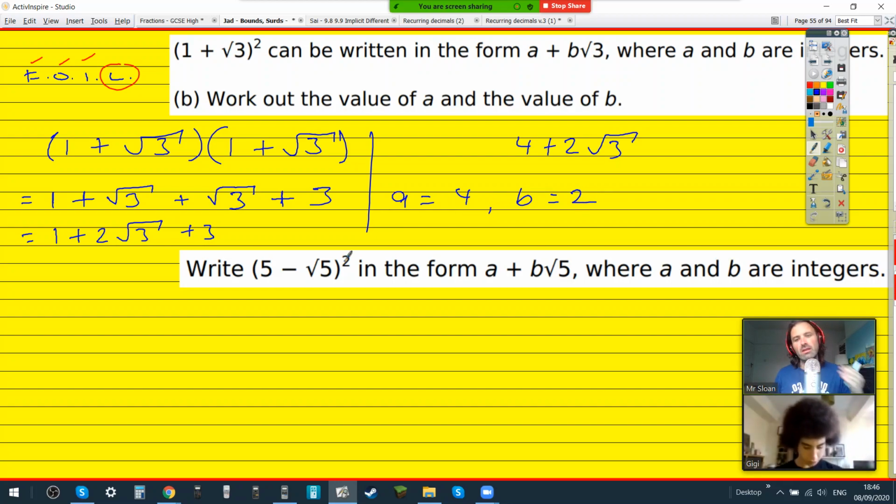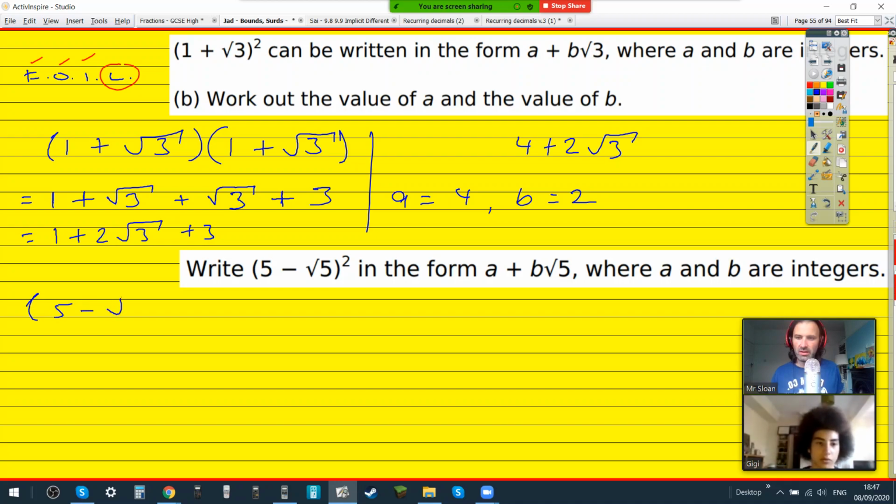Okay, what would be the next one? 5 minus root 5 squared, in the form a plus b root 5 with a and b integers. It'll be 25.